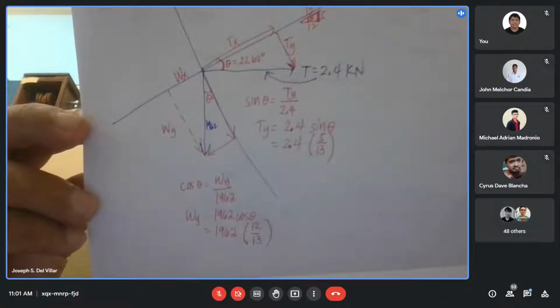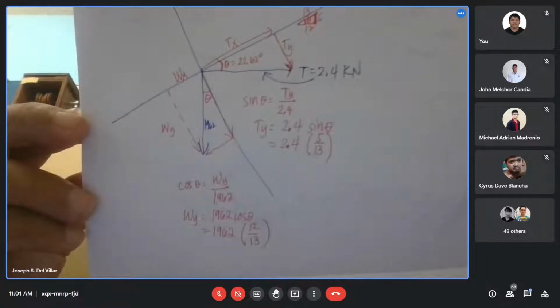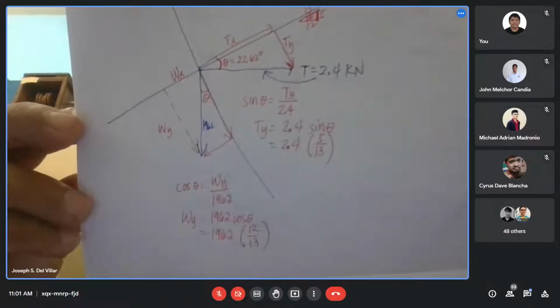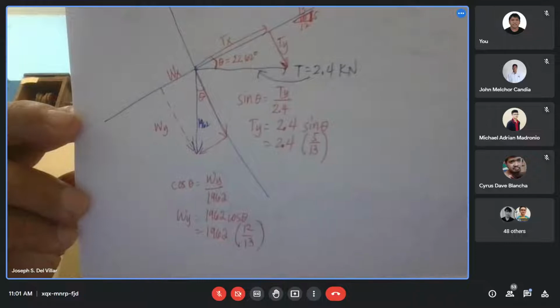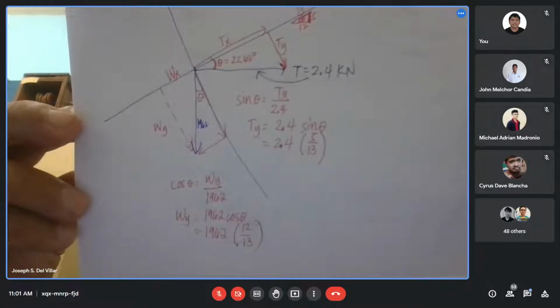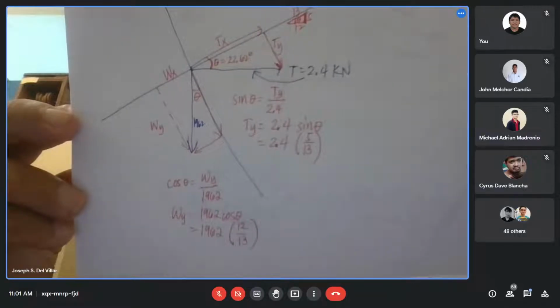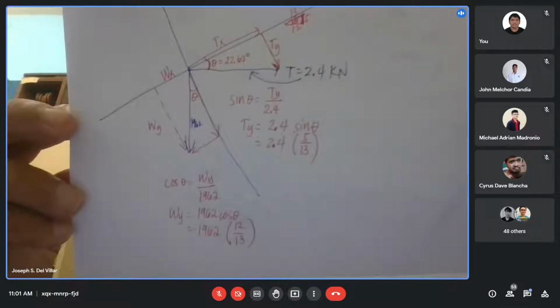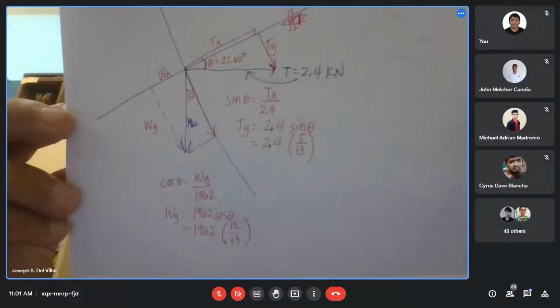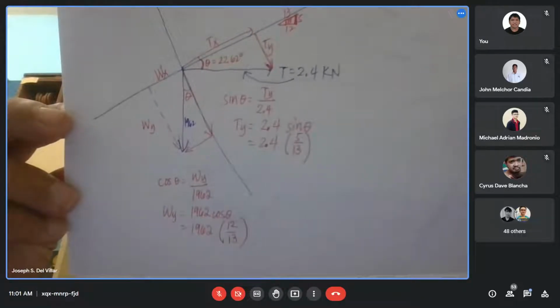Nakita niyo yung tension, di ba? 2.4. Yung tension na yun is the hypotenuse. Okay? Hypotenuse. Now, yung angle that the tension makes with the x-axis, yun yung angle theta.